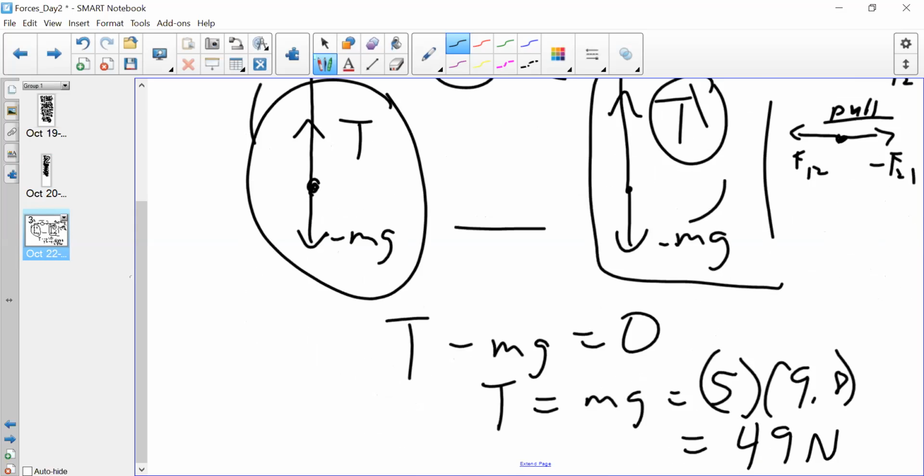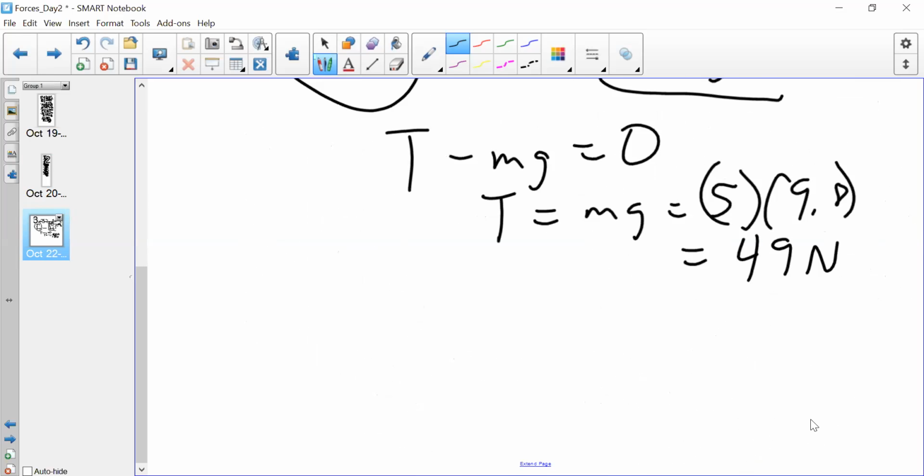Okay, part B. Who has that one? That one should be a little easier. What does the scale read? Remember, tension is going towards the scale. That's the source of its tension.